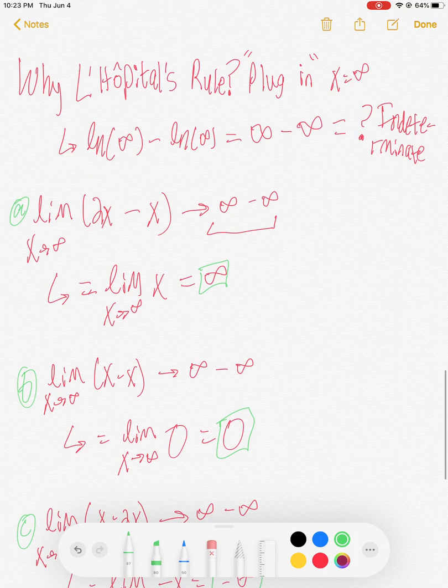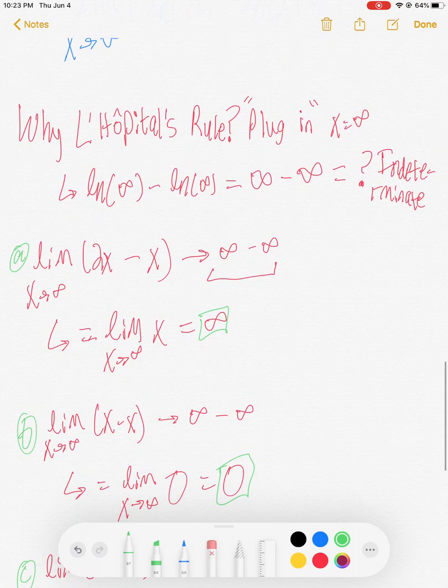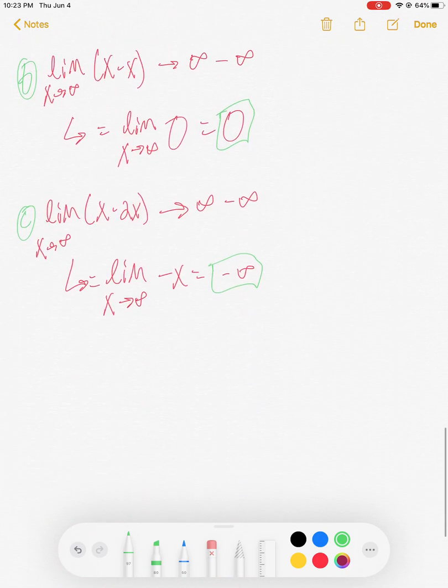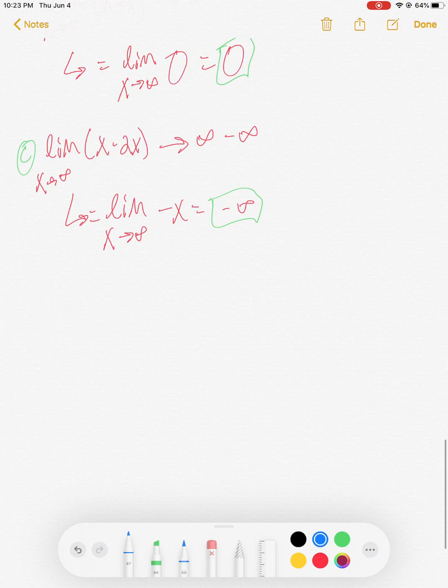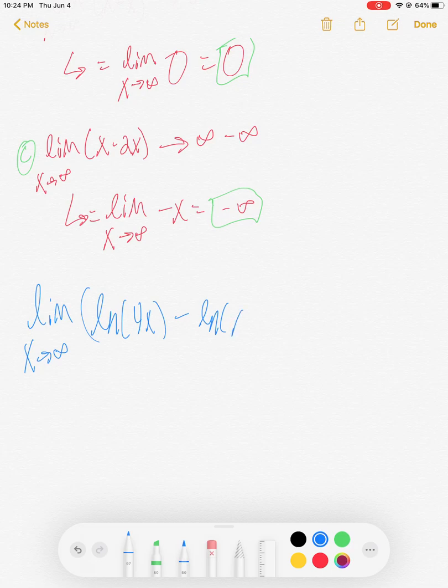So now I've got three different cases where I've got infinity minus infinity, and I've got three drastically different limits: infinity, 0, and negative infinity. Not even close. That's why infinity minus infinity is indeterminate.